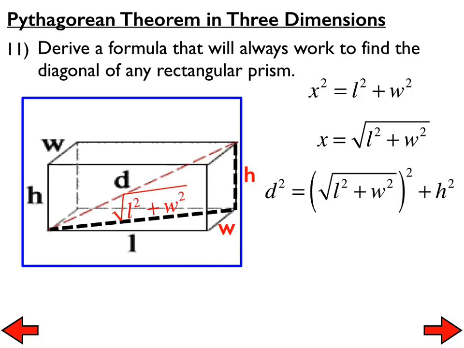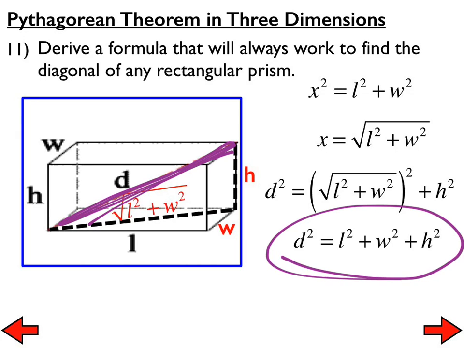And now if I did the Pythagorean theorem again, look what we end up with right here. The diagonal squared is the length squared plus the width squared plus the height squared. This is just an extension of the Pythagorean theorem in 3 dimensions.